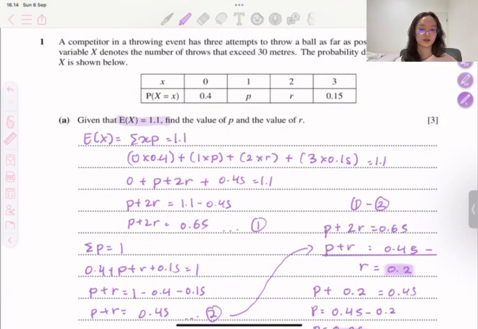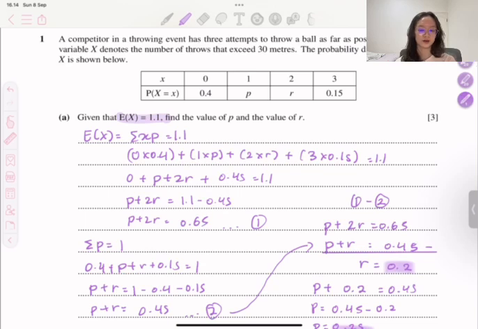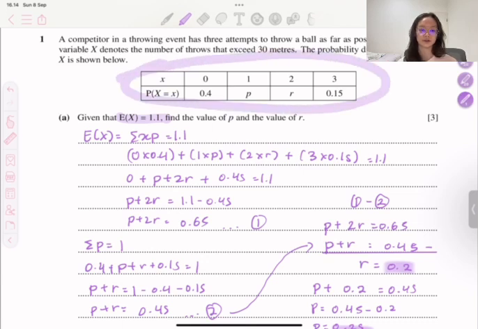So here we are given the expectation of X, which is 1.1, and we know that the formula for the expectation of X is the sum of the value of x times the probability. So we have 0 times 0.4 plus 1 times p plus 2 times r plus 3 times 0.15. We can get all these values from the table, so you just have to copy the values.